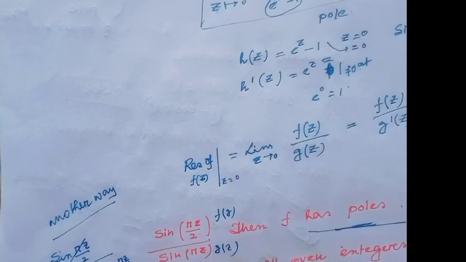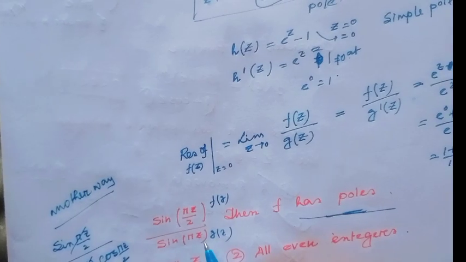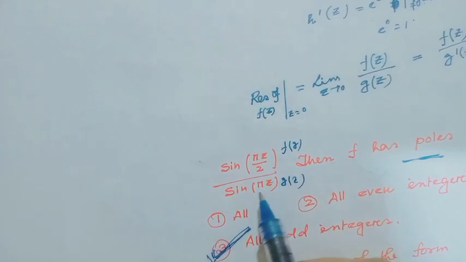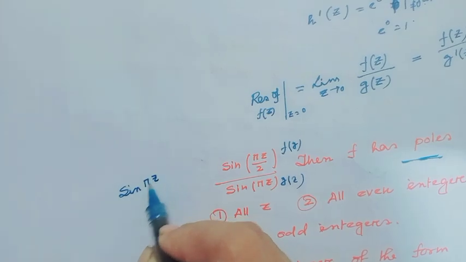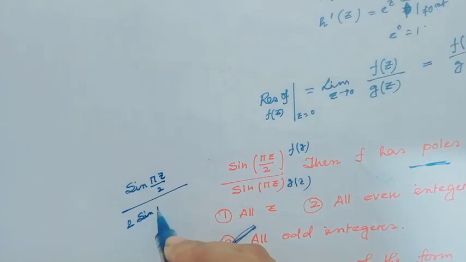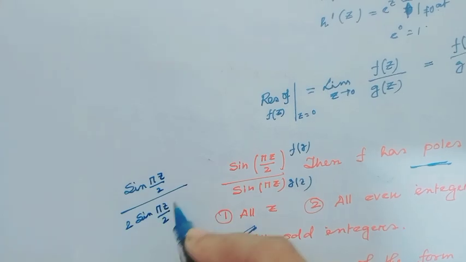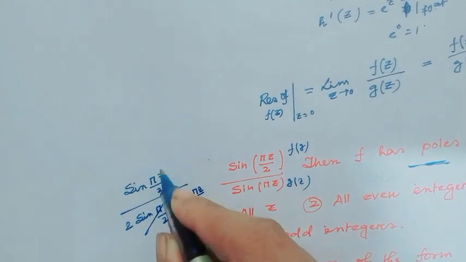Another way we can solve the same example: write sin(pi z) as 2 sin(pi z over 2) times cos(pi z over 2). The sin(pi z over 2) terms are cancelled.